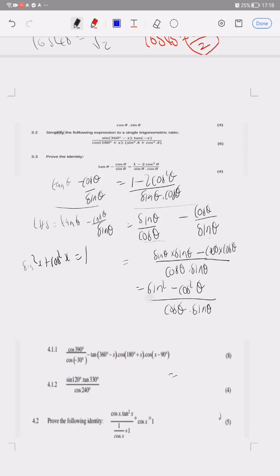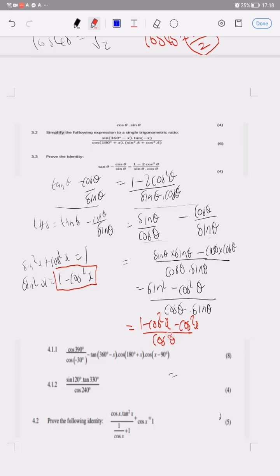I want the value of sine squared theta, so sine squared theta is equal to 1 minus cos squared theta. Now I'll substitute this for sine squared, so I'll have 1 minus cos squared theta minus cos squared theta over cos theta sine theta.